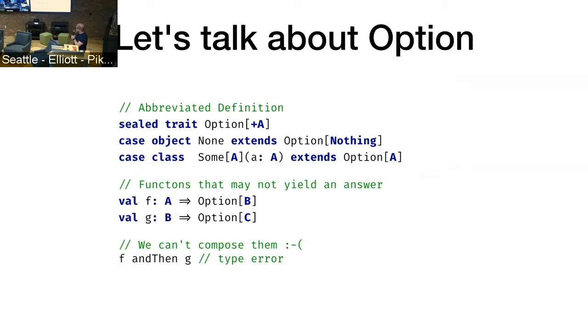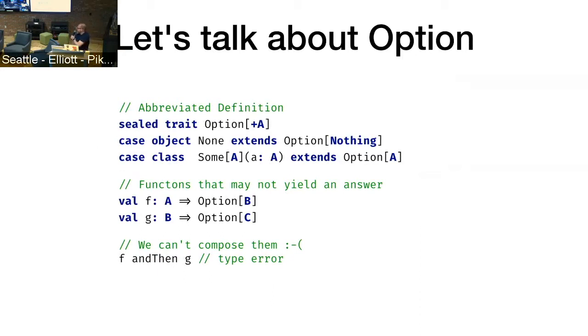The problem is we can't compose those functions together, because the types don't line up. And what would it mean to compose those together? Well, if you wanted to get a C back, you would have to get a B back.